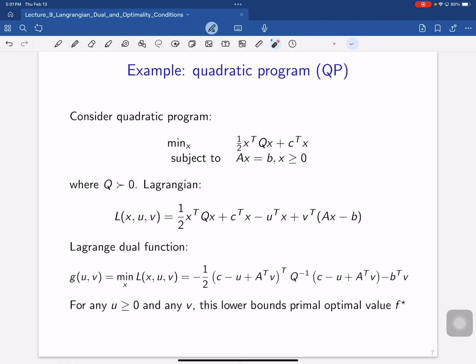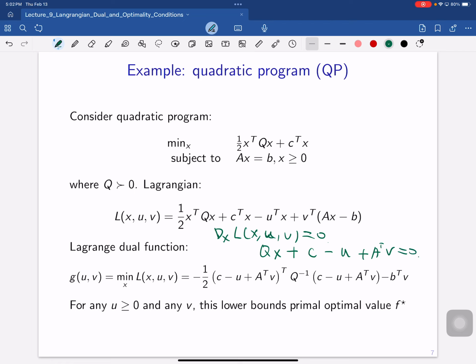So if you set the gradient over x of L(x, u, v) equal to 0, this is nothing but Qx plus c minus u plus A transpose v equals 0.